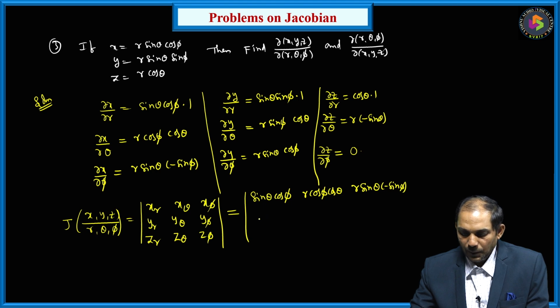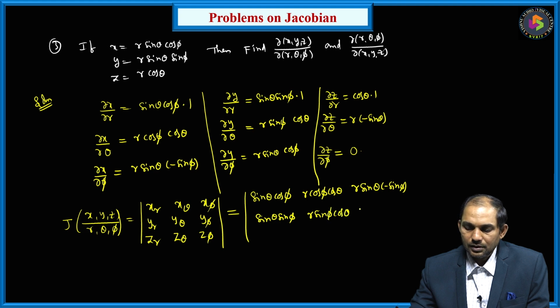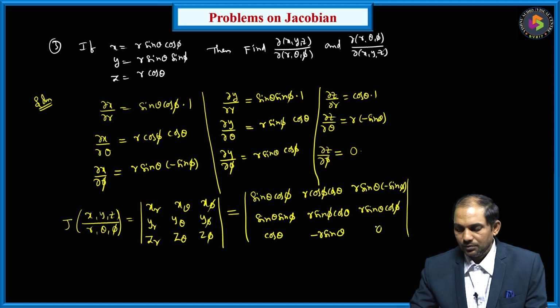The second row is sin theta sin phi, r sin phi cos theta, and r sin theta cos phi. The last row is cos theta, minus r sin theta, and 0.